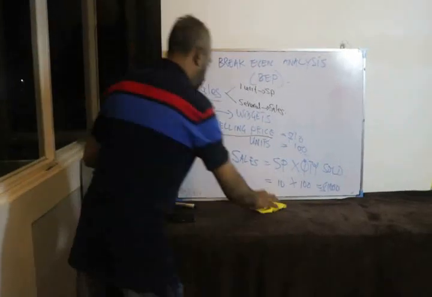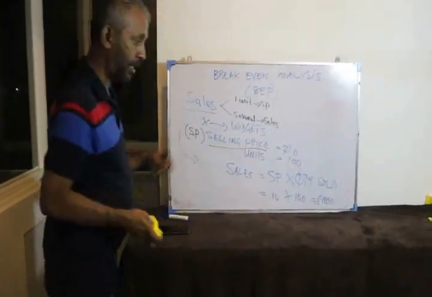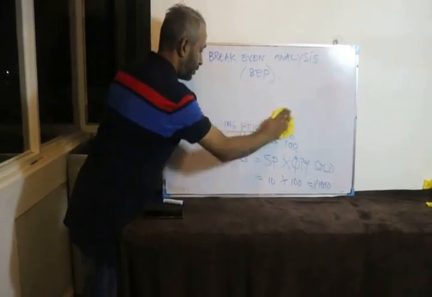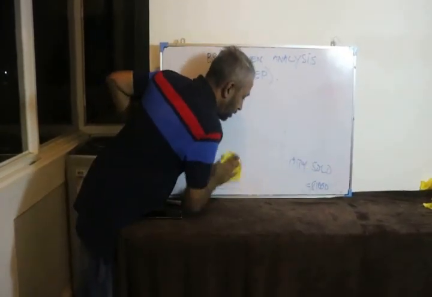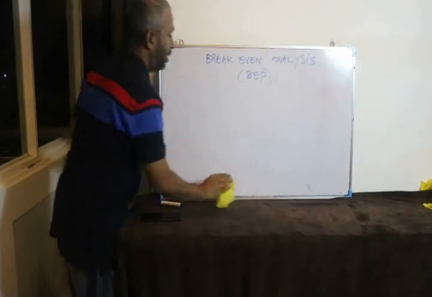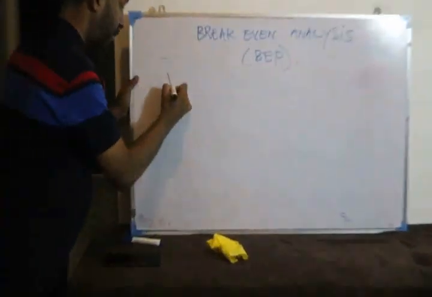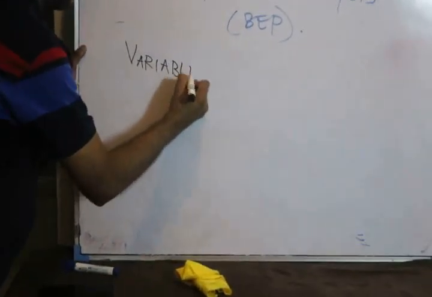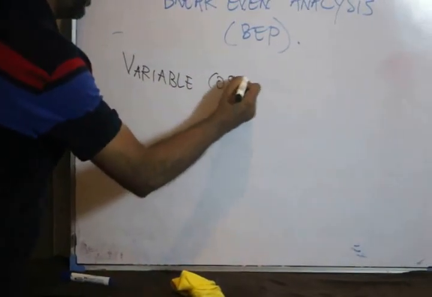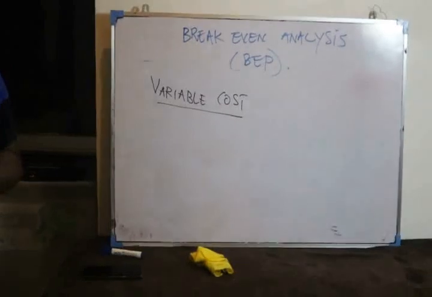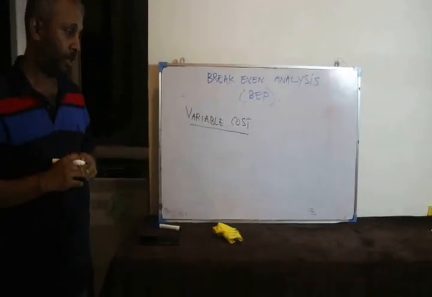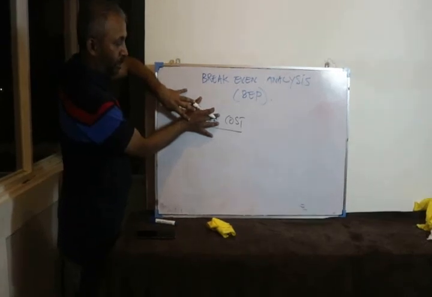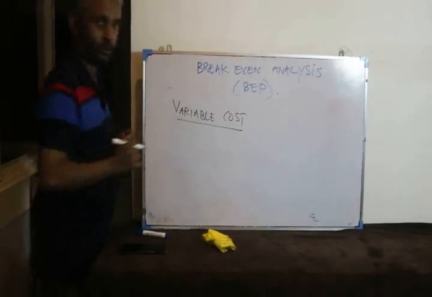The second term will be, let me erase the board, the second term will be an interesting term, variable cost. Now, if I hide this term here, we have cost.